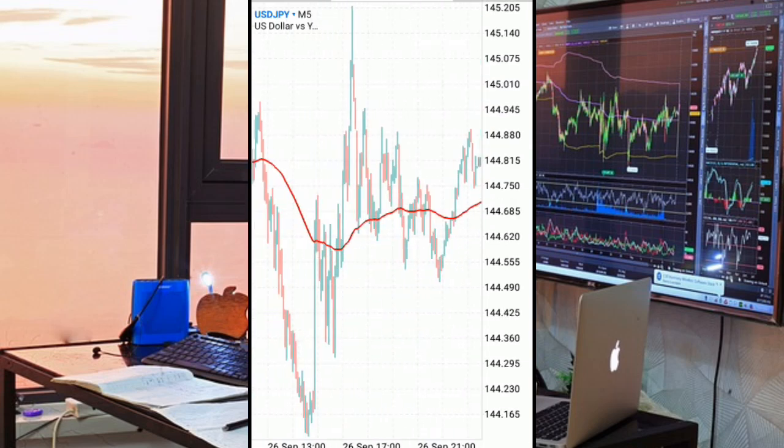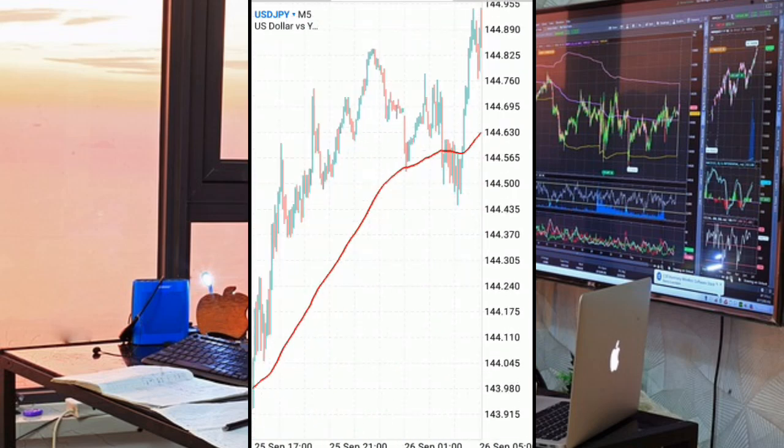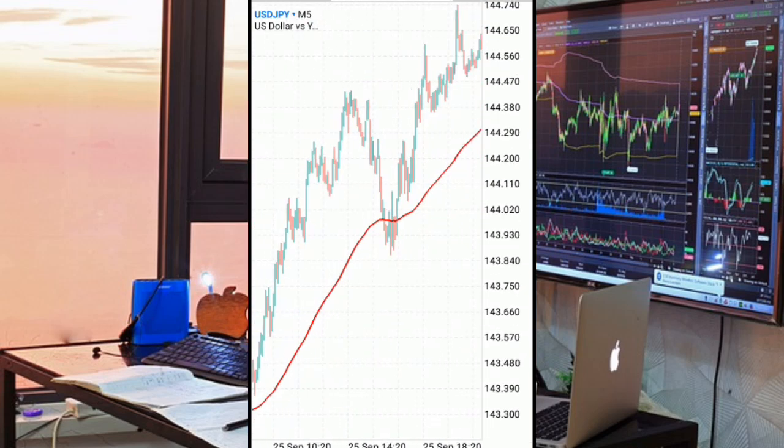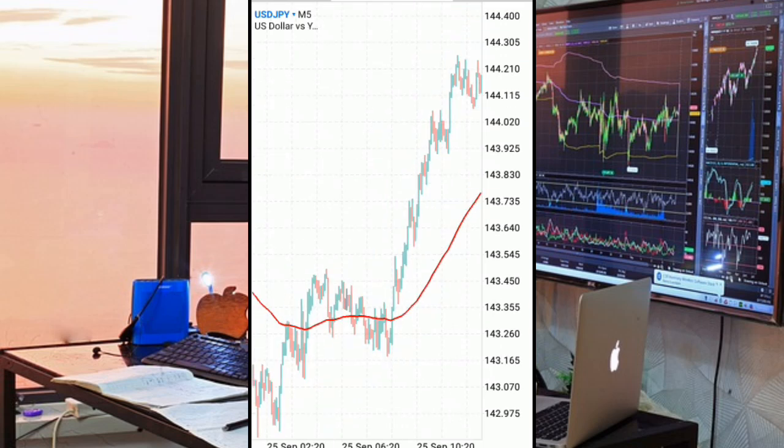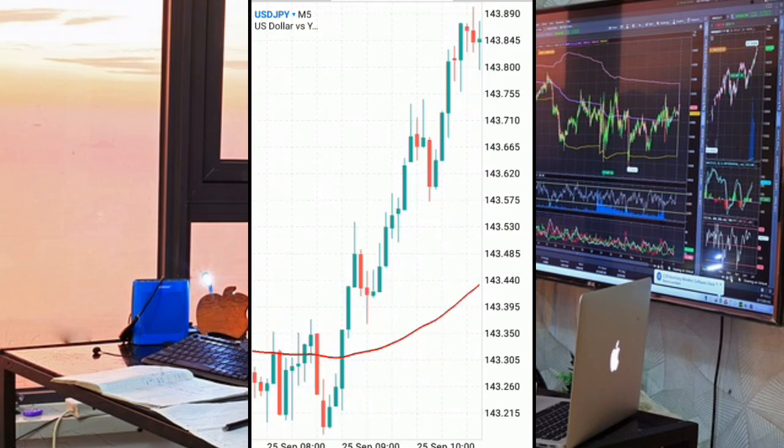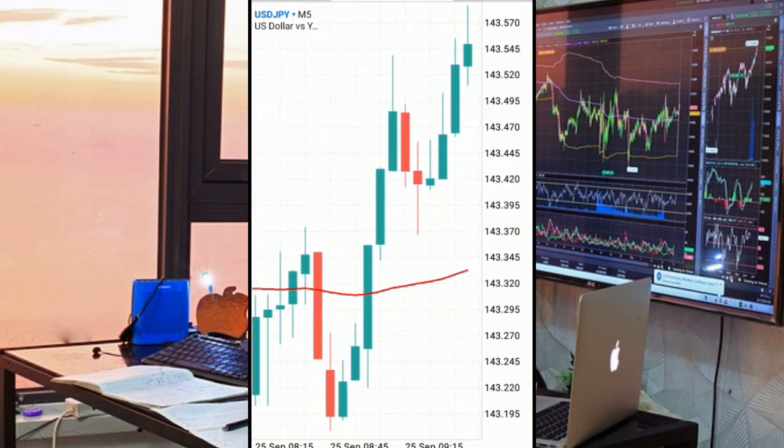So now let me show you what we can do if we are making some buy entries. This is what we are going to do. We are going to wait for price to be above the moving average, right? So price is going above the moving average, and we are going to wait for a bullish engulfing candle before we can make an entry.